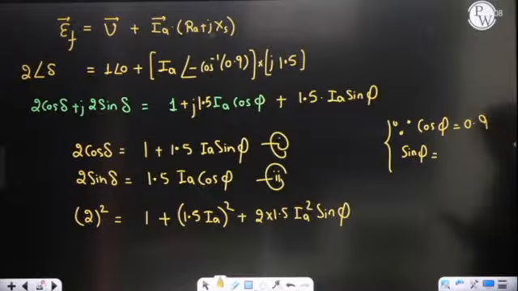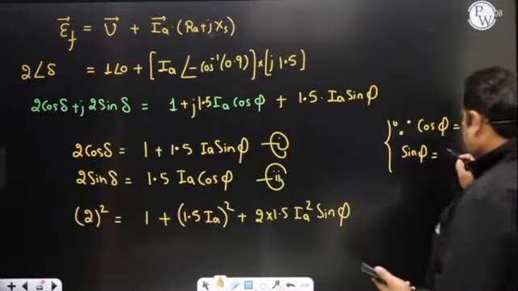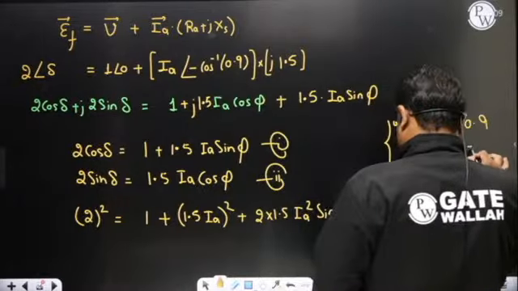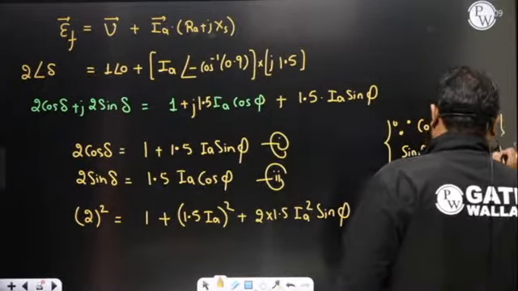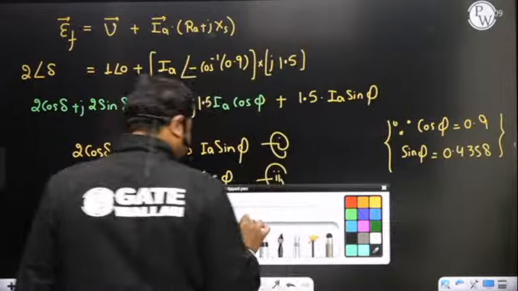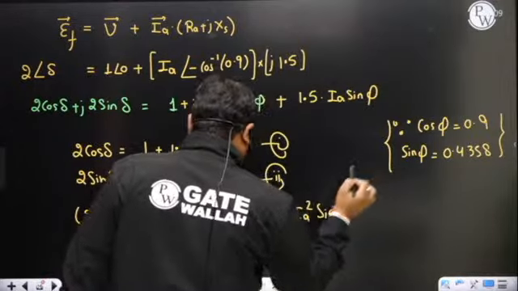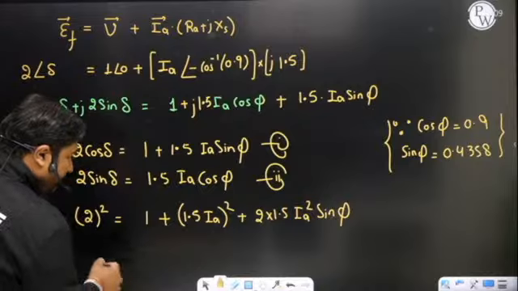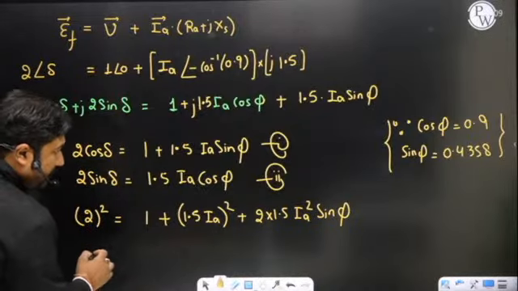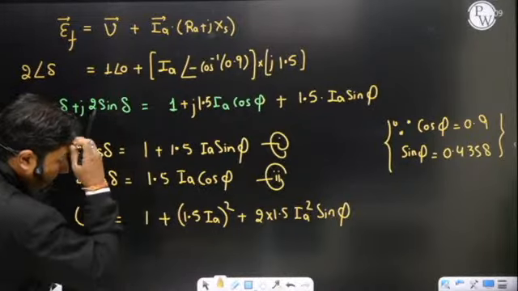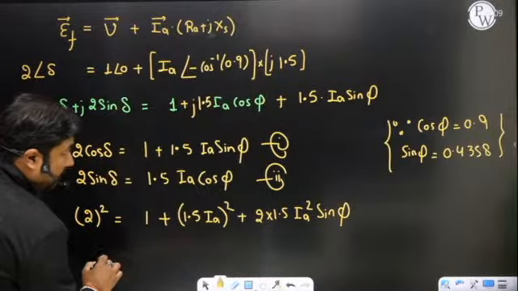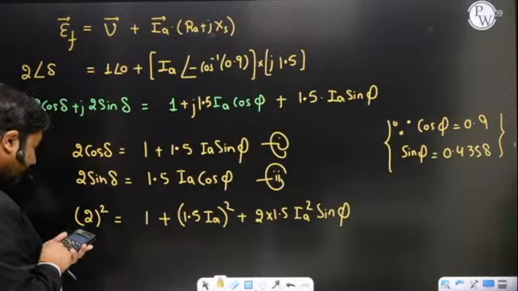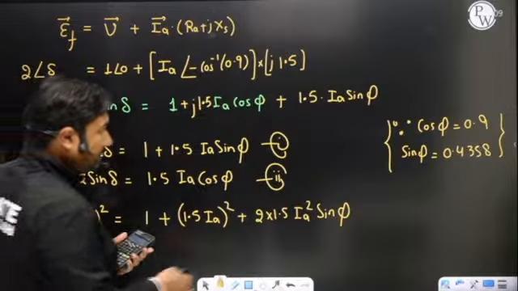Sine phi is 0.4358. So this shows a quadratic equation.